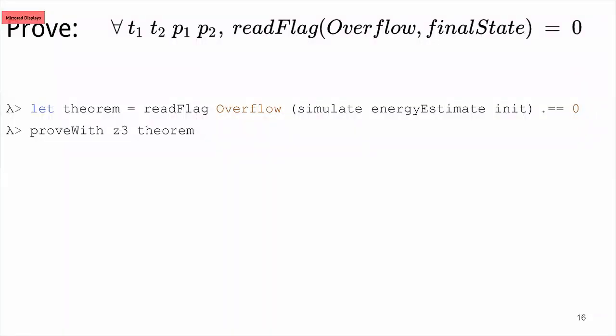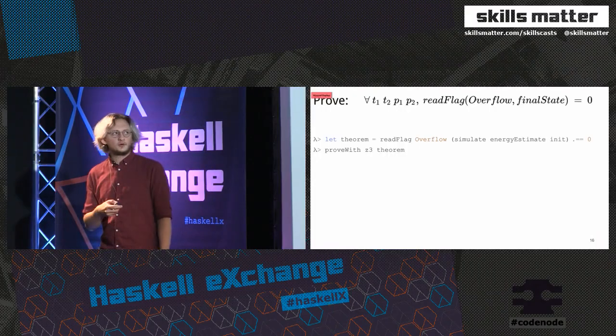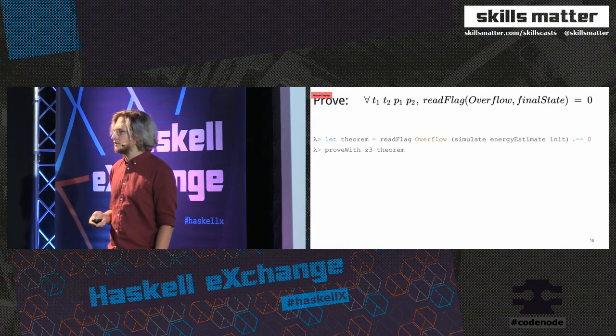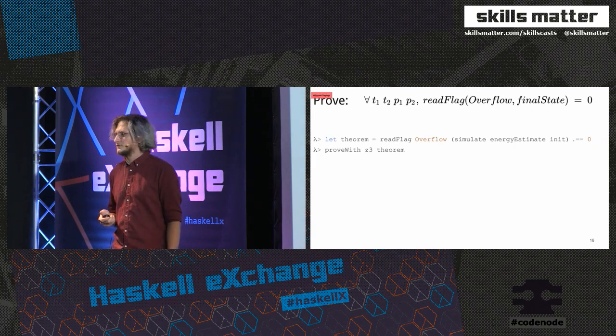We say, dear framework, please symbolically simulate my program, taking some initial state, extract the final value of the overflow flag, and symbolically compare it to 0. And then pass it to Z3 and ask it to verify it.